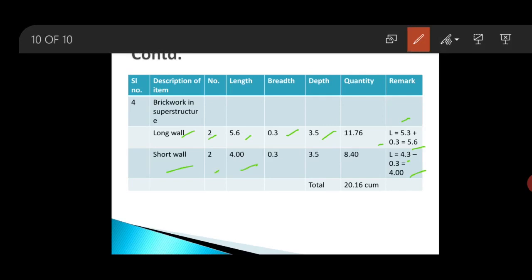So 4, number is 2, breadth is 0.3 and depth is 3.5. By multiplying this we will get this much, and the total quantity of brickwork in superstructure will be calculated by taking into consideration both long wall and short wall, which will be equal to 20.16 cubic meter.